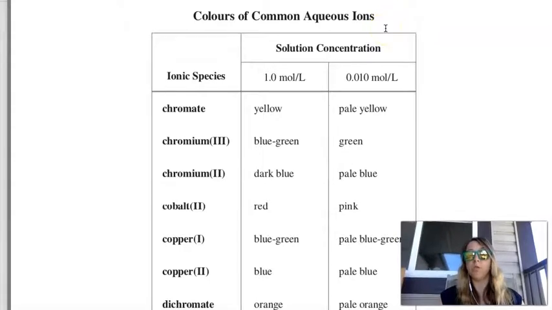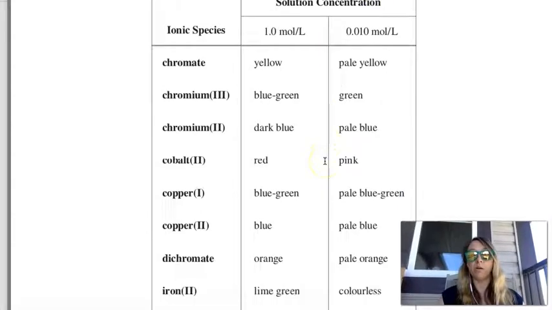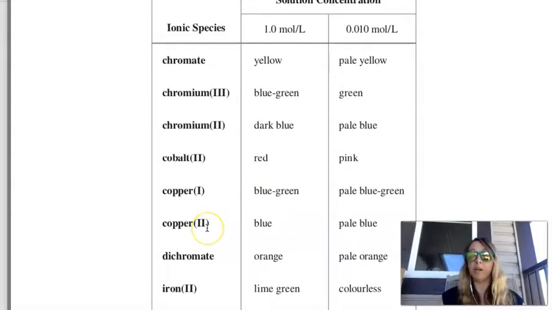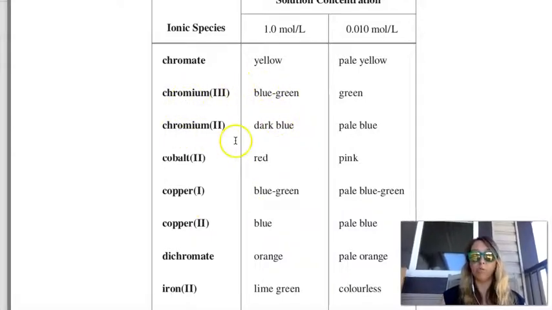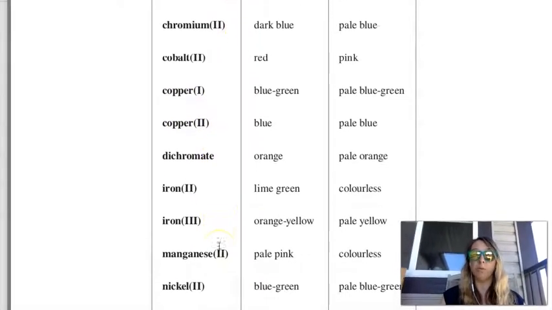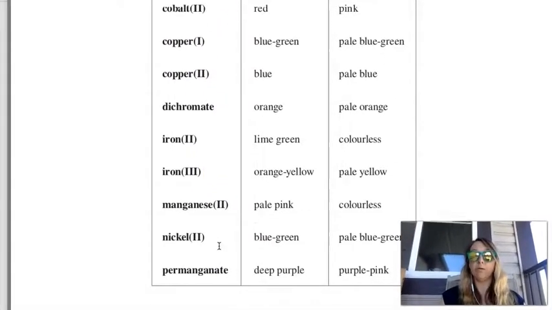So a lot of the solutions we deal with are colorless. And colorless, again, isn't super helpful, but some ions are colored. So for example, if I see that I have a blue solution and I look here, well, maybe it's chromium 3, maybe it's chromium 2, could be copper 1, could be copper 2, right? We start to narrow down some possibilities just based off of that color.